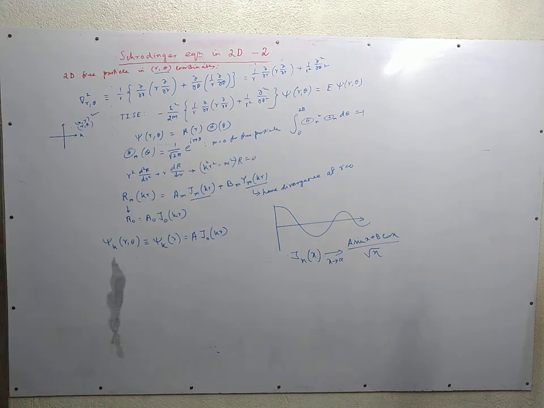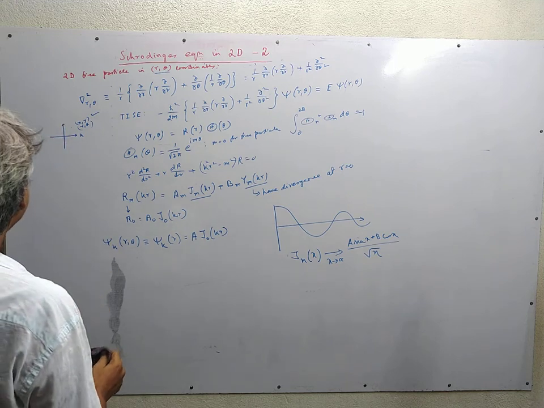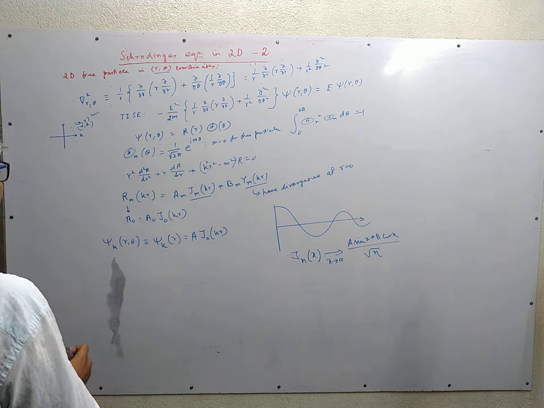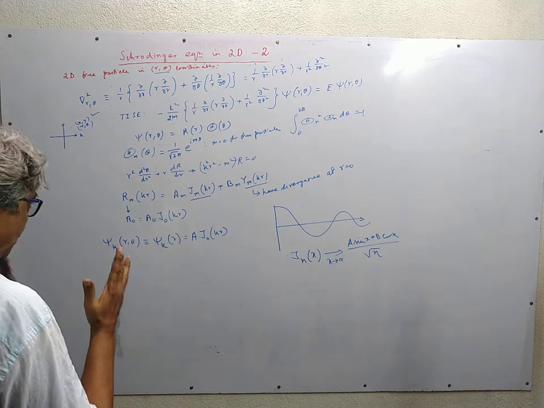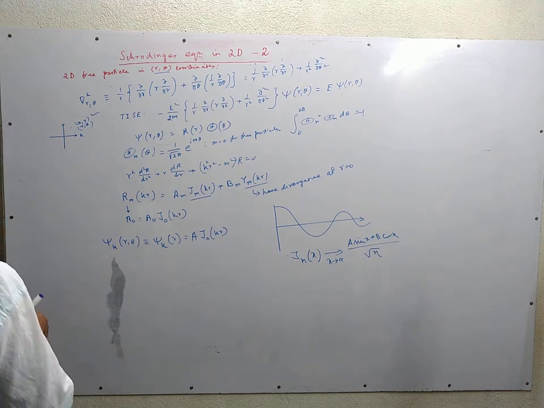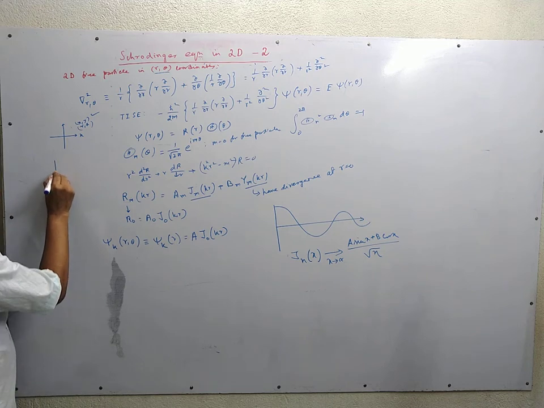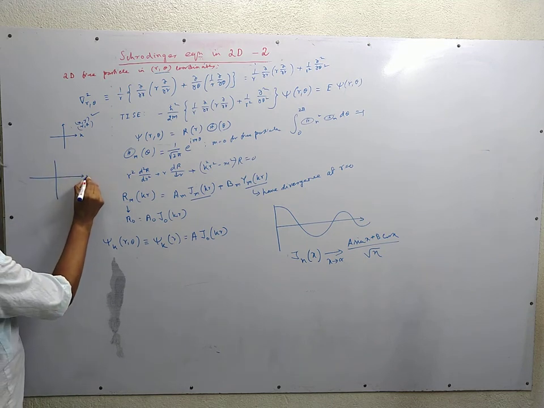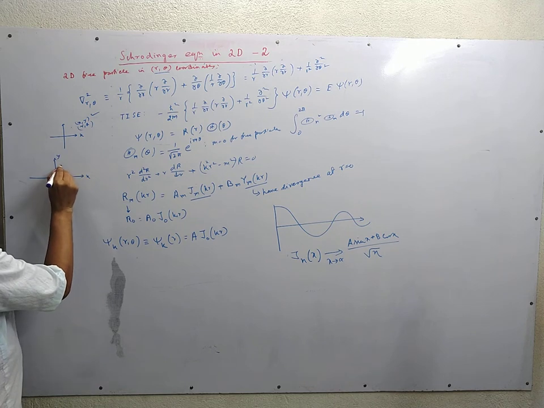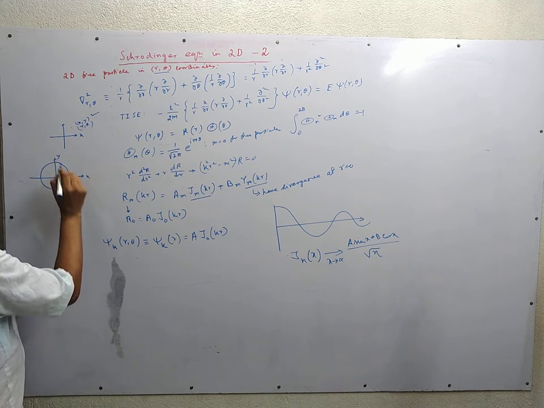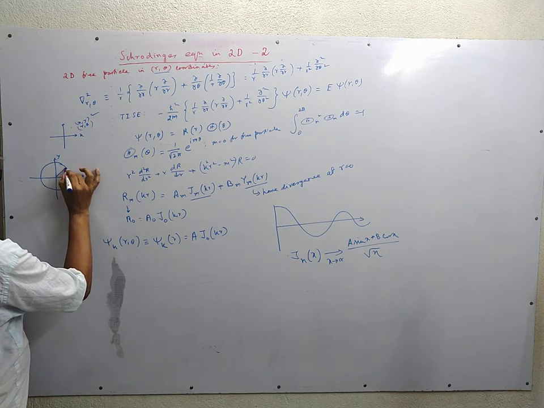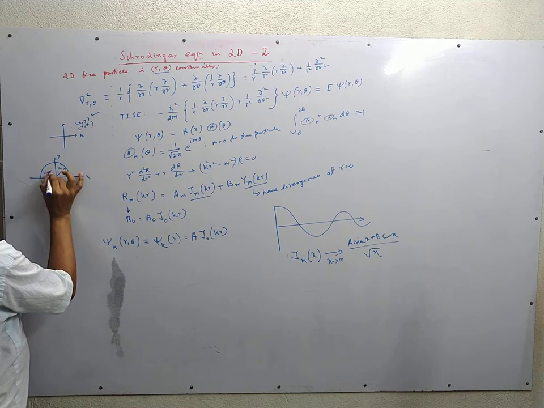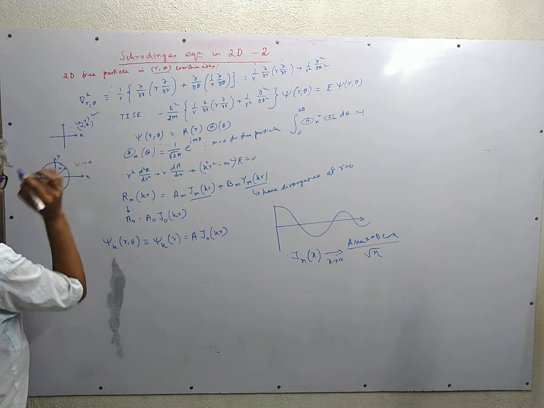Now we come to the solution for a particle confined within a two-dimensional cylindrical well, that is, we consider this is the x coordinate, this is the y coordinate, we consider a well of radius a such that V is 0 here and V tends to infinity outside.